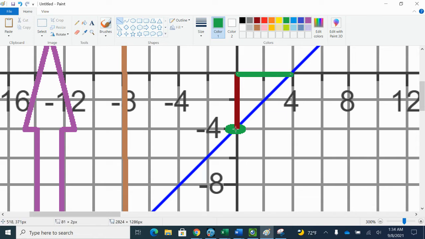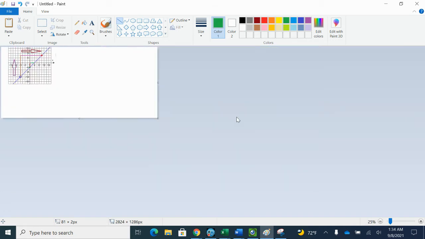Look, your rise is 2, 1, 2, your run, in this case, would have been 4, 2, 4. 4 divided by 4 is 1.